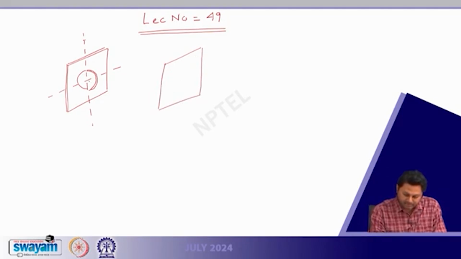We try to figure out the intensity at this point over the z axis. This is small x, small y, this is z equal to 0, and this is z equal to some point z.